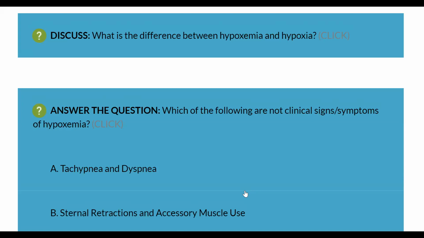We're still waiting for your answers. Write up the difference between hypoxemia and hypoxia, and give two causes of each.